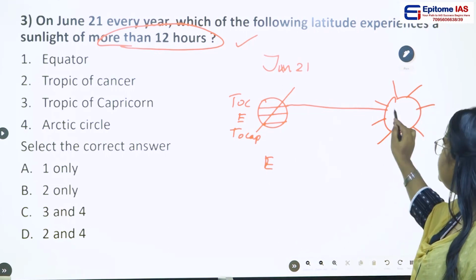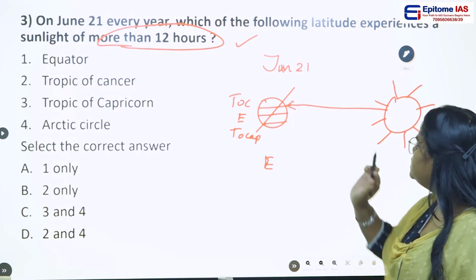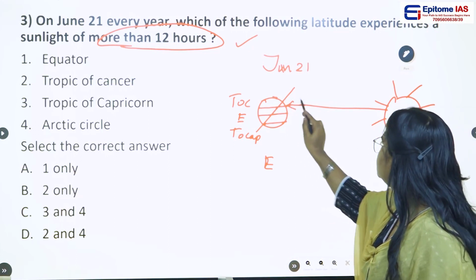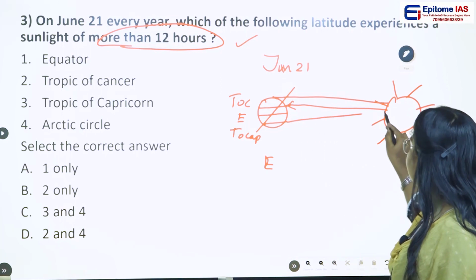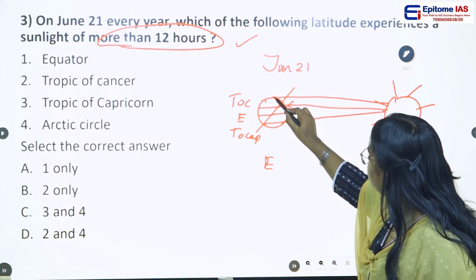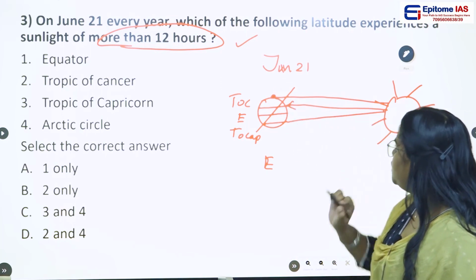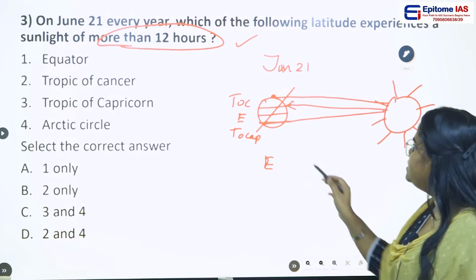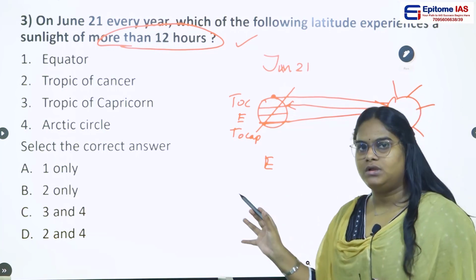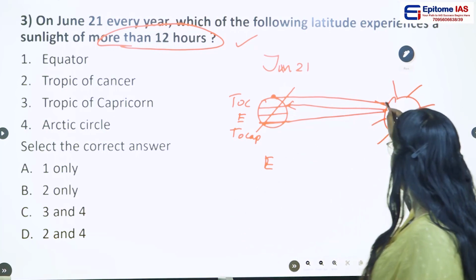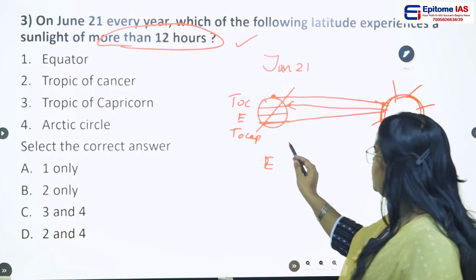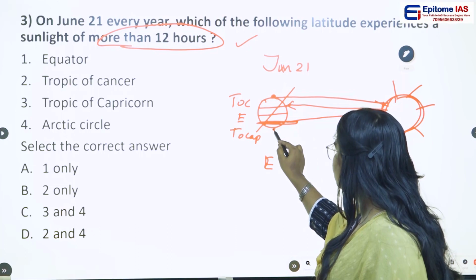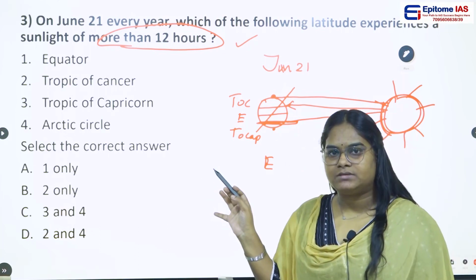The direct sun rays fall on the Tropic of Cancer, and the total sun rays will be lying between the North Pole and the Tropic of Capricorn, and the South Pole will not have any sun rays. Especially after the Tropic of Capricorn till the South Pole, it is complete darkness, right?